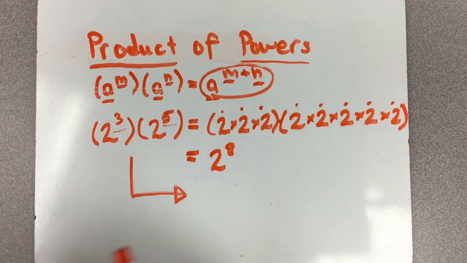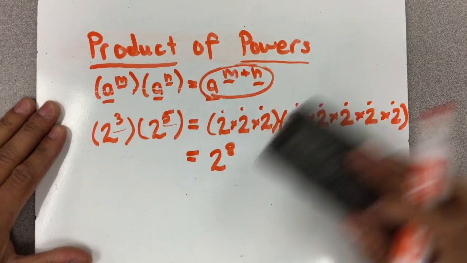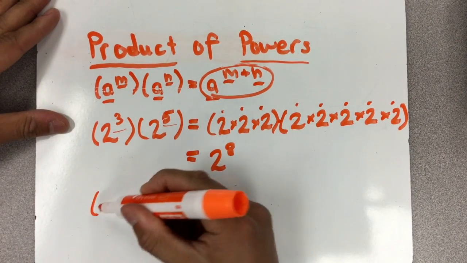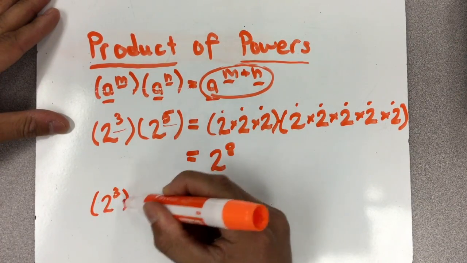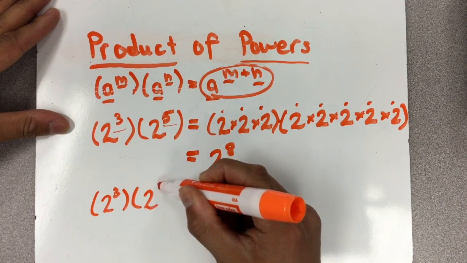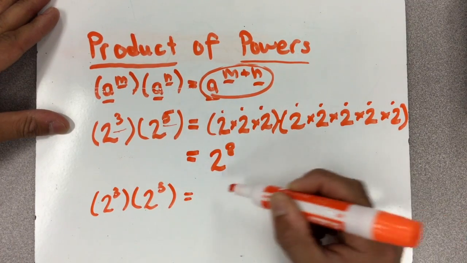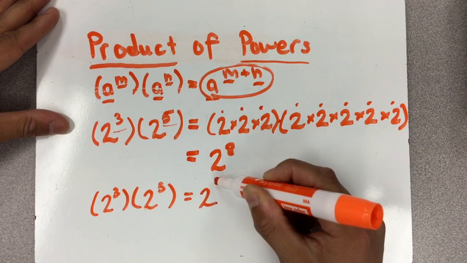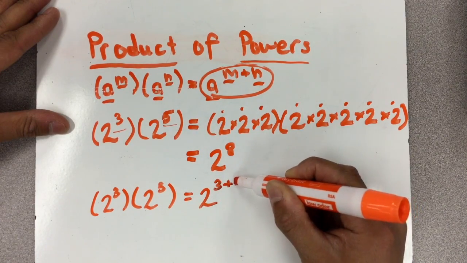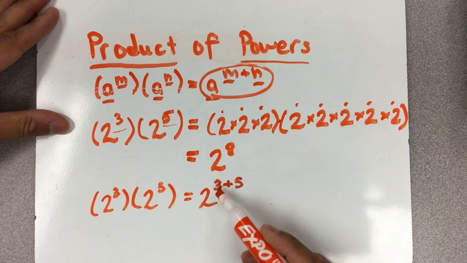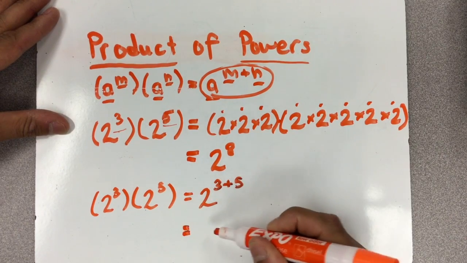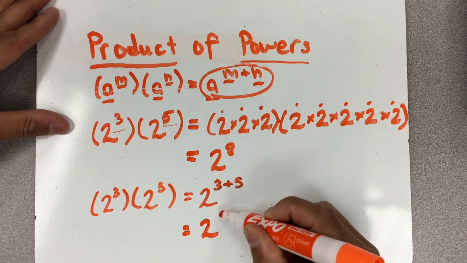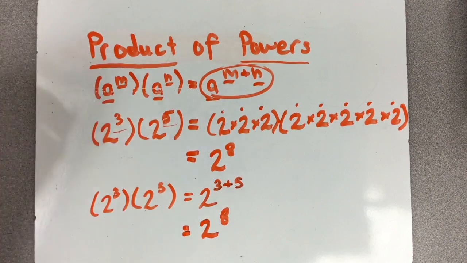And I'm just going to rewrite the actual problem here. 2 cubed times 2 to the power of 5 is equal to 2 to the power of 3 plus 5. Remember, these are my exponents, 3 plus 5, which is equal to 2 to the power of 8.